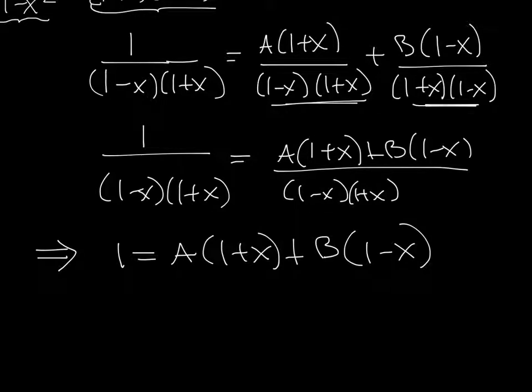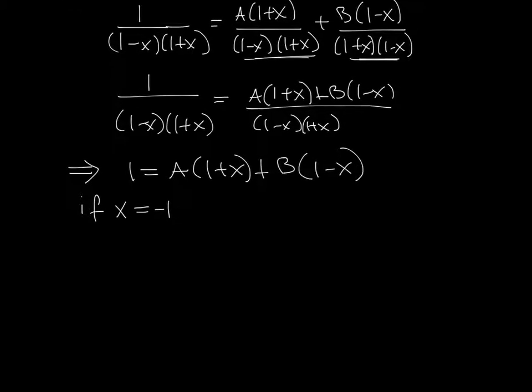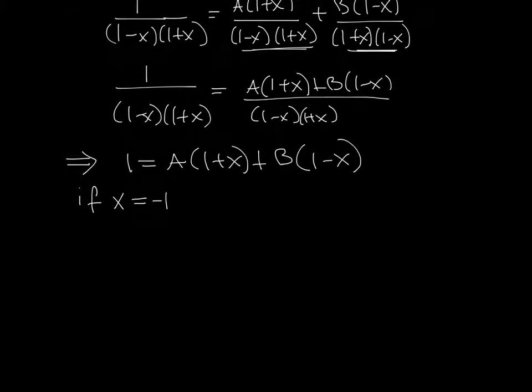So if x is -1, for example, then we have, and let me move this up a little bit, make this smaller. If x is equal to -1, then 1 equals a times 1 plus -1, right?